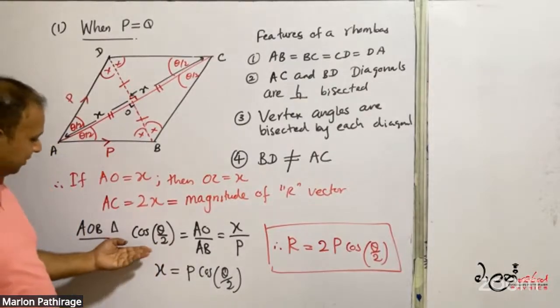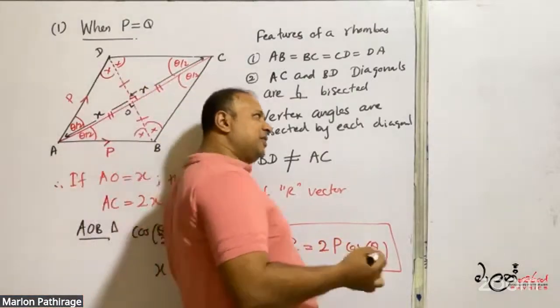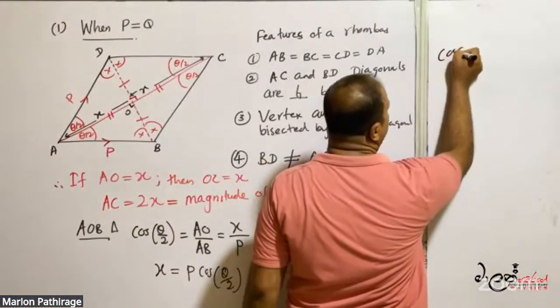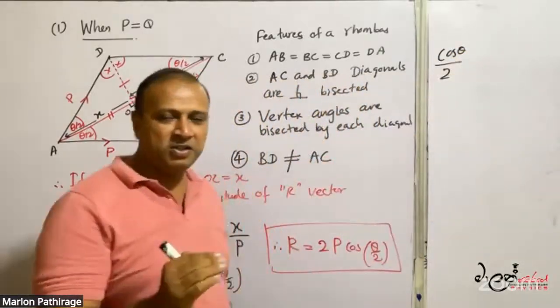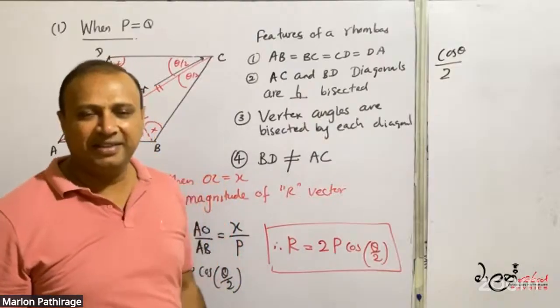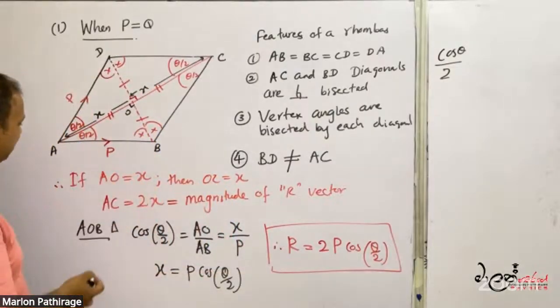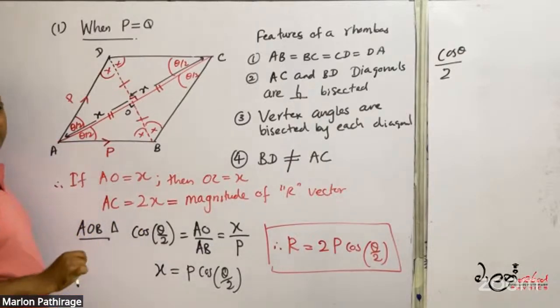This is not equal to cos value divided by 2. Cos theta over 2 means cos value of theta over 2 angle.